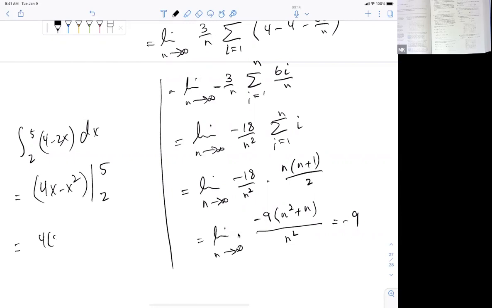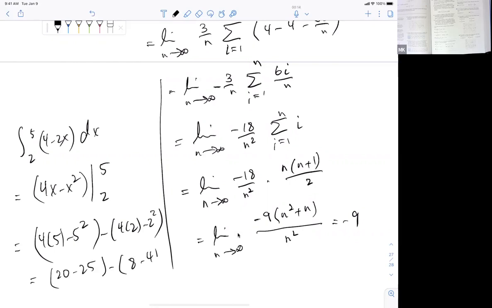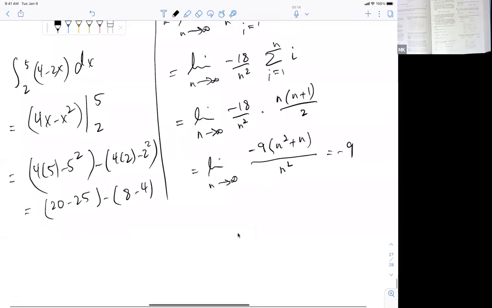It's going to be 4 times 5 minus 5 squared, minus 4 times 2 minus 2 squared. 20 minus 25 minus 8 minus 4. -5 minus 4, which is -9. So I did it correctly and got the correct answer.